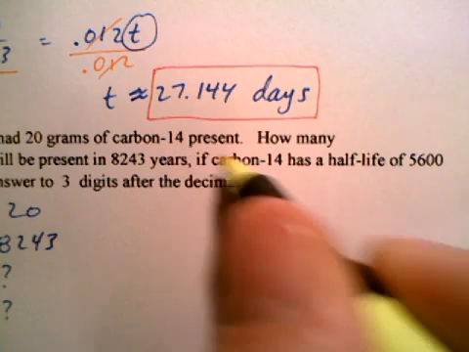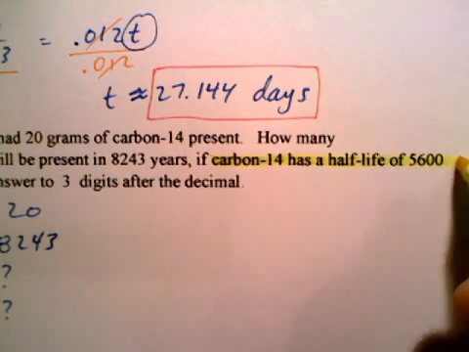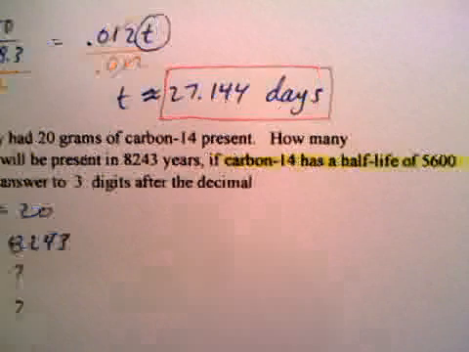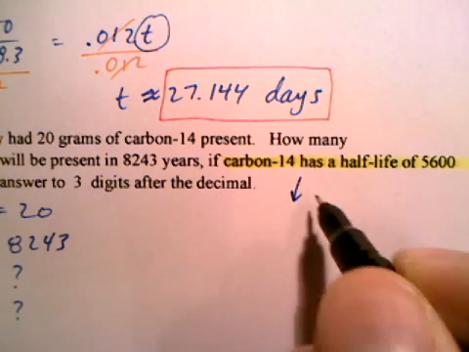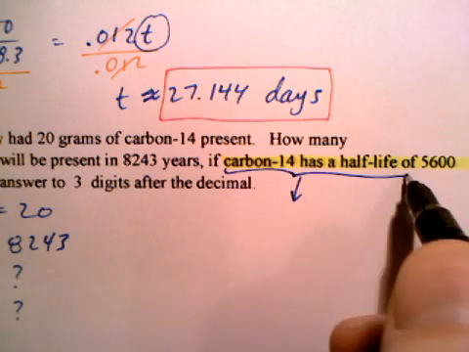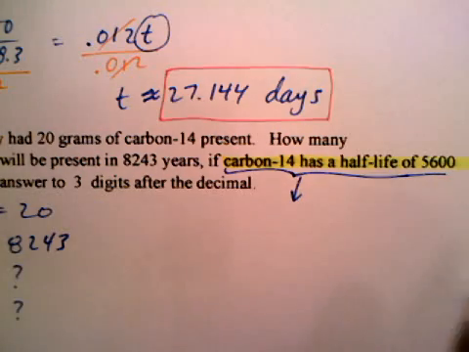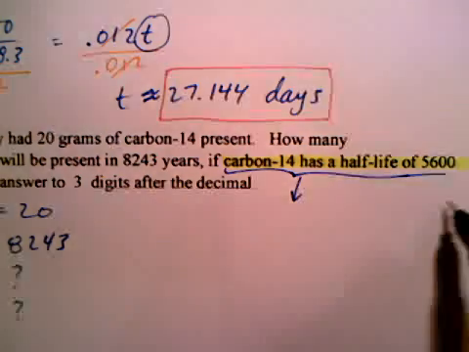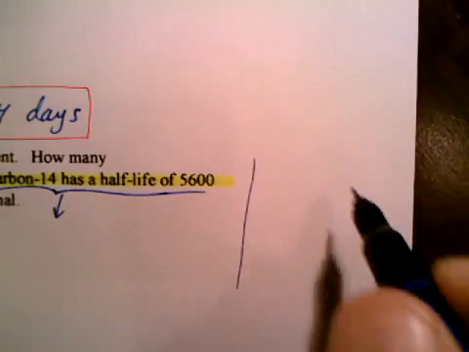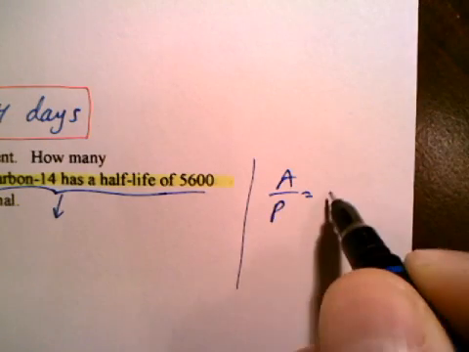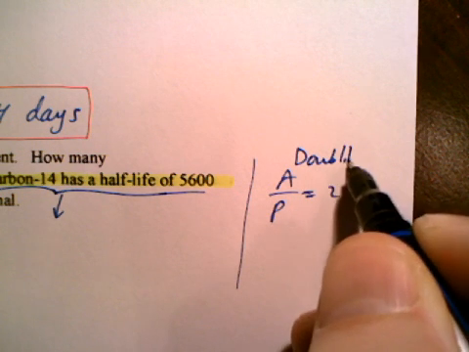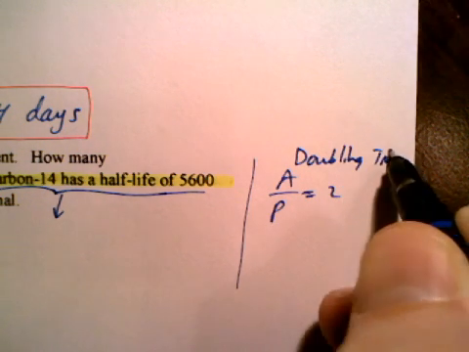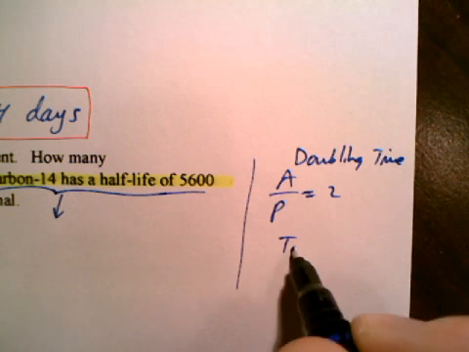So the half-life information: carbon-14 has a half-life of 5,600 years. Remember when we were dealing with doubling time and tripling time, we had A over P equals 2 for doubling time, and then we had tripling time.